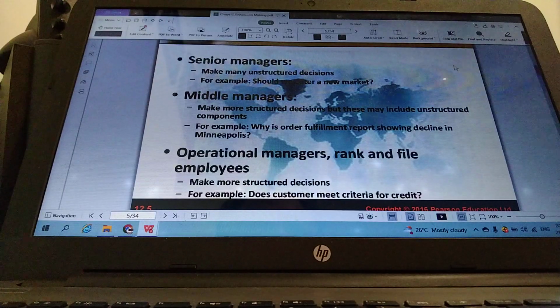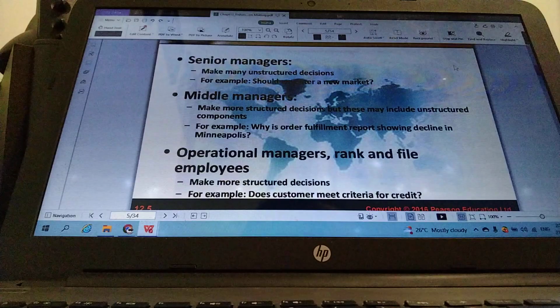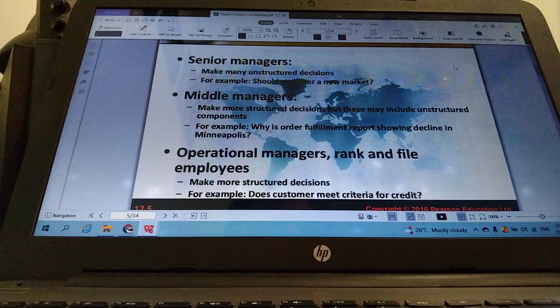Whereas the middle managers are involved or responsible for making more structured decisions, but this may include unstructured components as well, because not necessarily do they always deal with the available decisions, but they might also be involved in making new decisions, as part of the senior managers or top management.